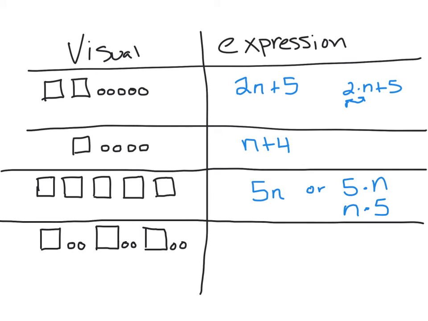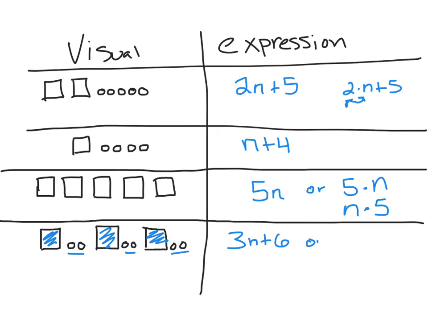And finally, let's do this one. What expression would you write for that? There are 2 ways you could write this. The first one would be just as 3n plus 6, because there's 1, 2, 3 n's, and then 2, 4, 6 units.